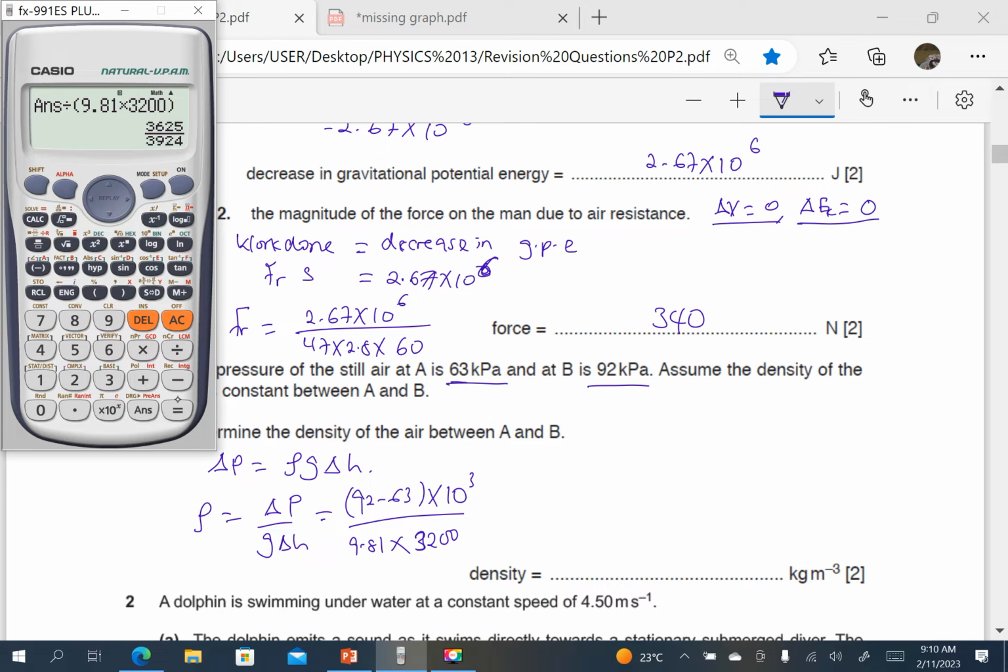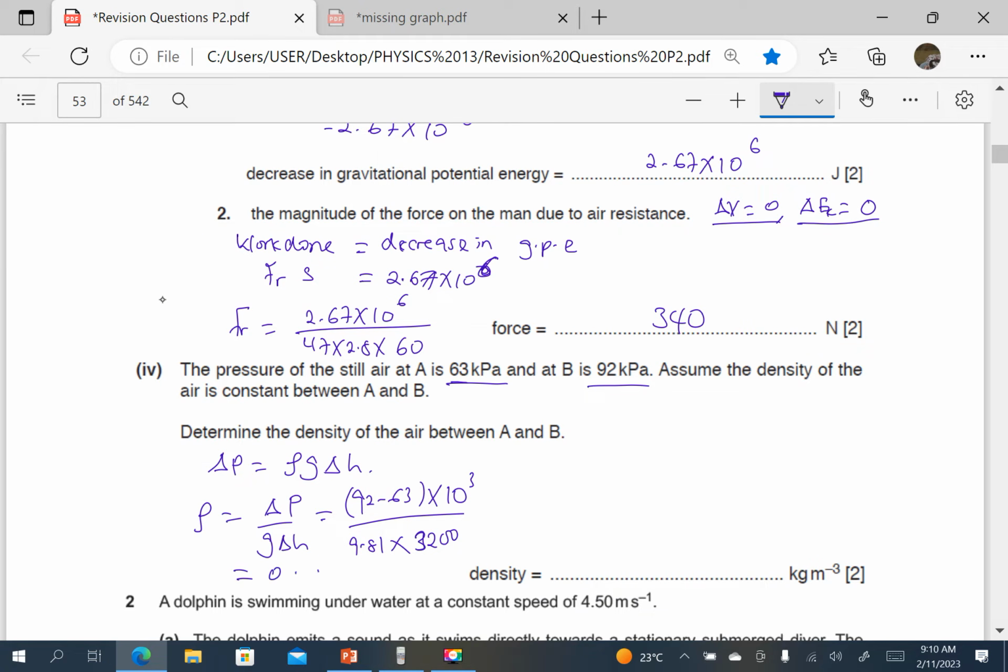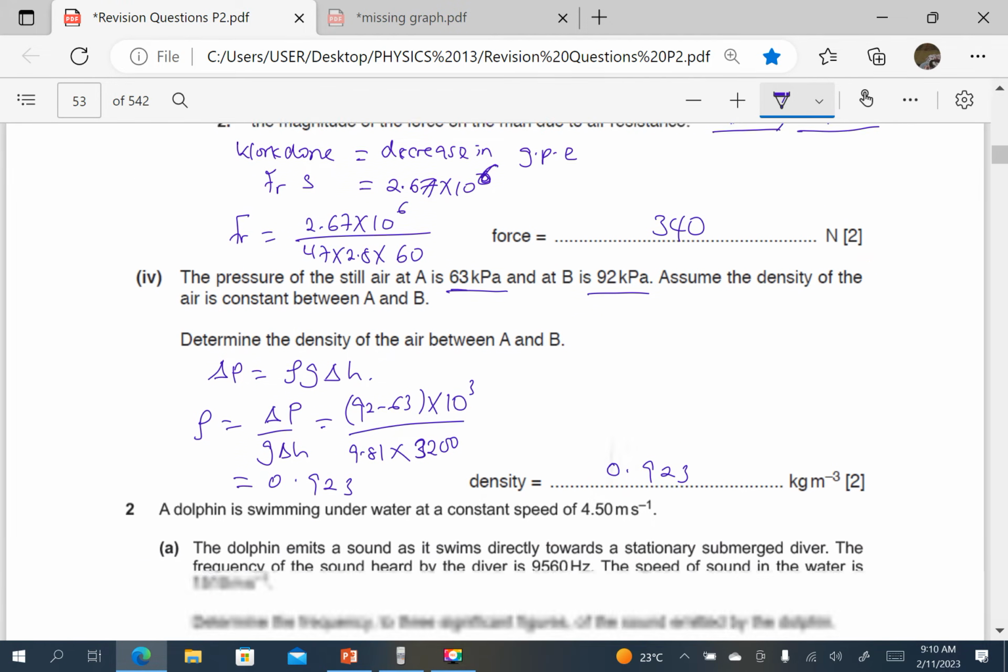So that is 0.923. So the density is 0.923 kilograms per meter cubed. Okay.